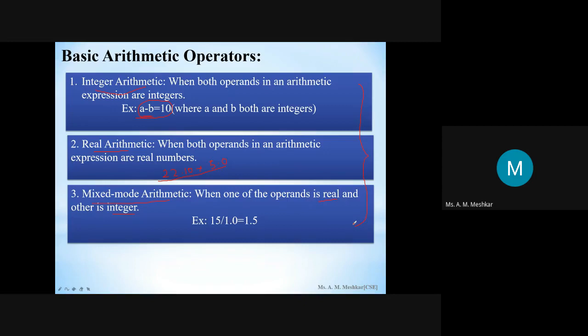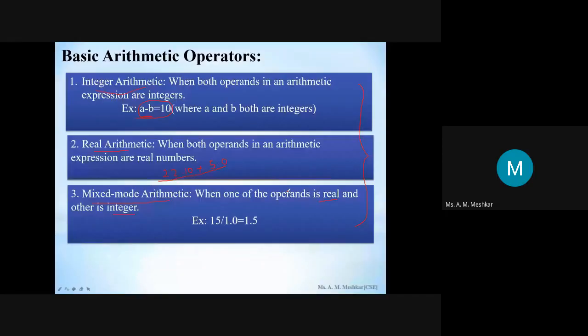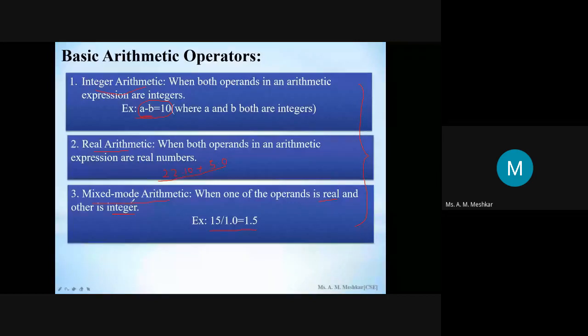Okay, so when one of the operands is real and the other is integer, then it is said to be a mixed mode expression, and such operation is called mixed mode arithmetic operation. And remember, when one of the values is real and another is of type integer, the answer is going to be in real type.